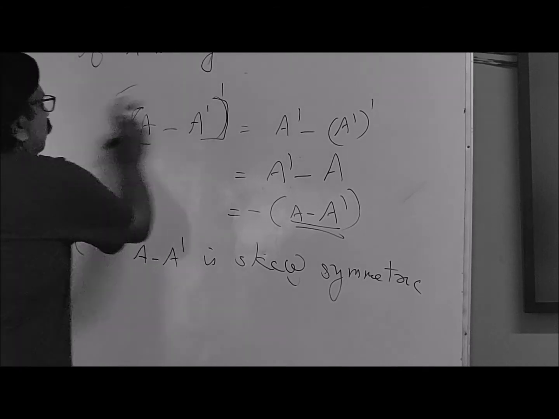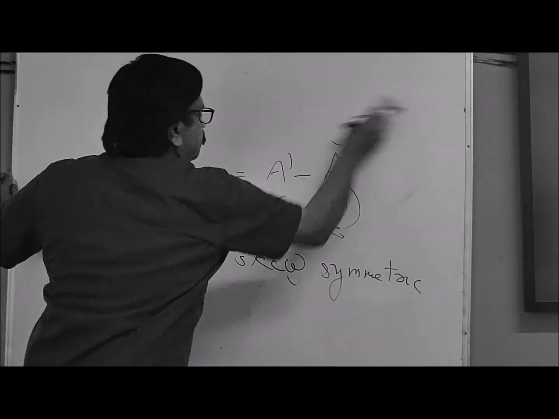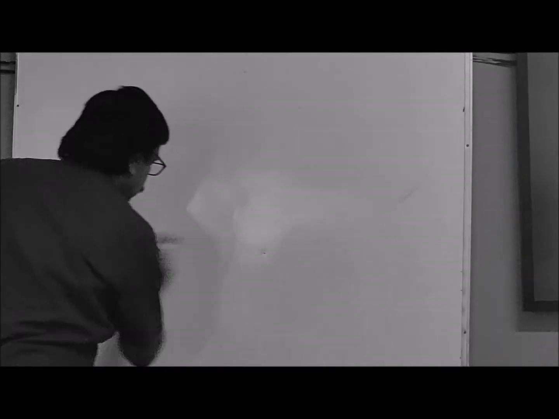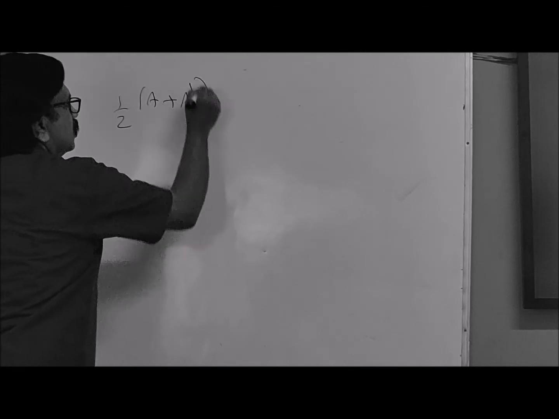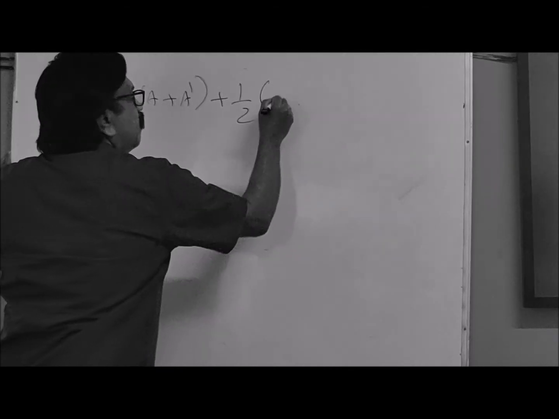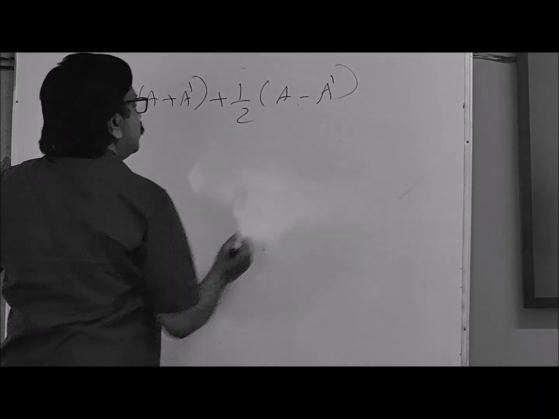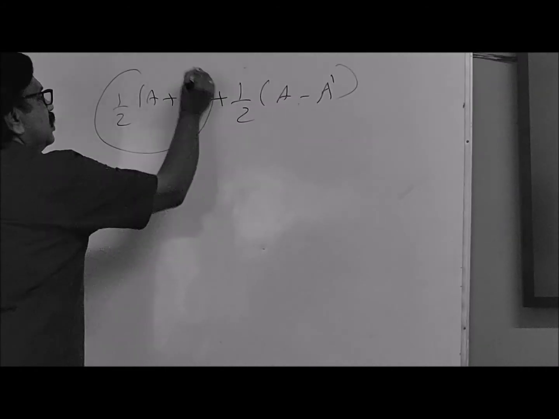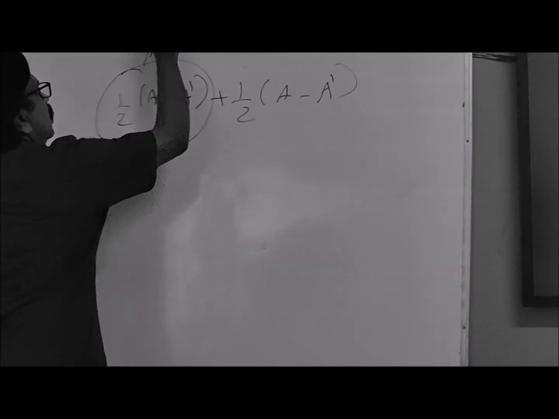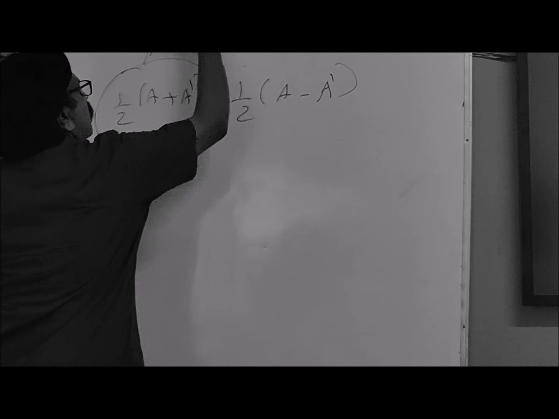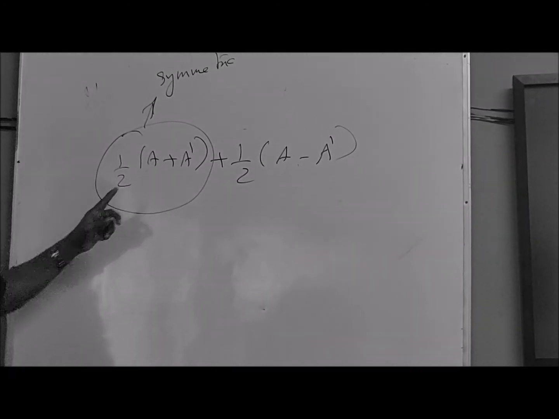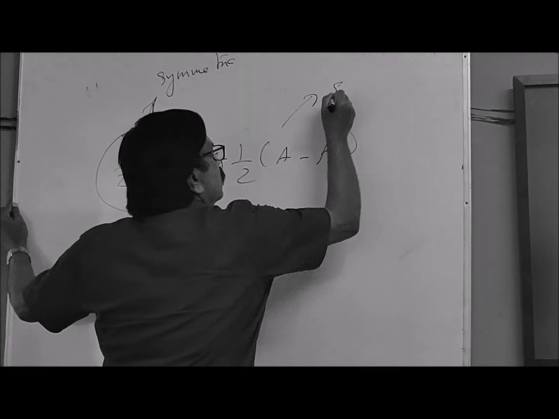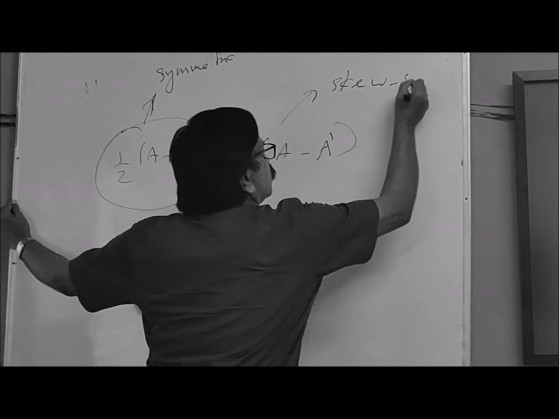Now, just one more thing we have to note here. What is half into A plus A transpose plus half into A minus A transpose? This matrix is symmetric, which we proved, and this matrix is skew symmetric, which we also proved.